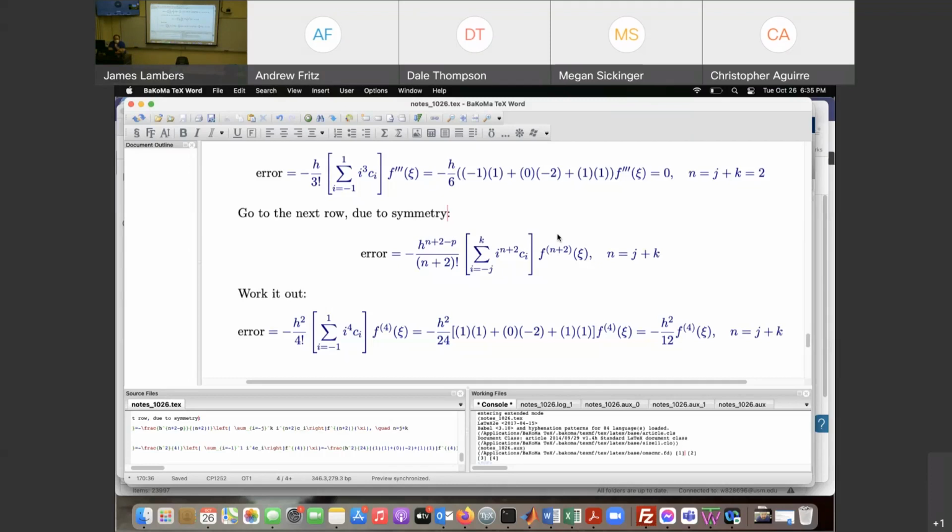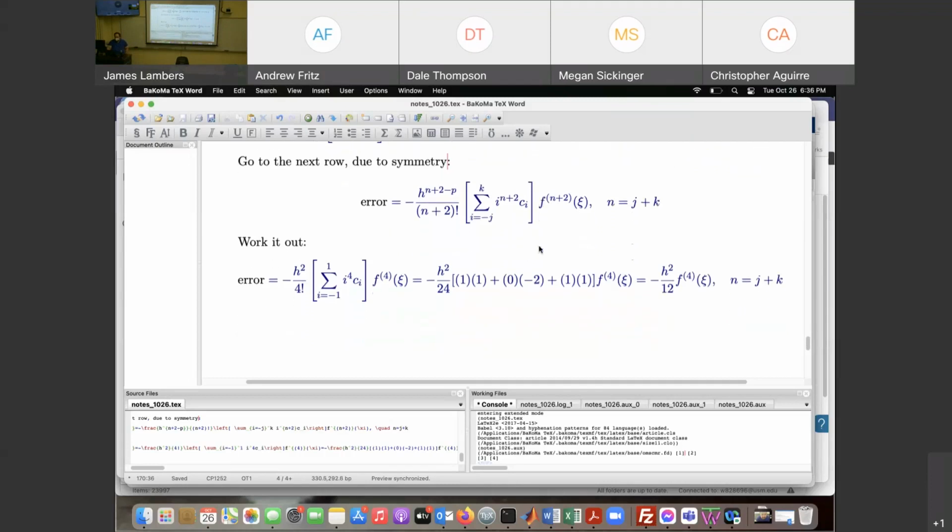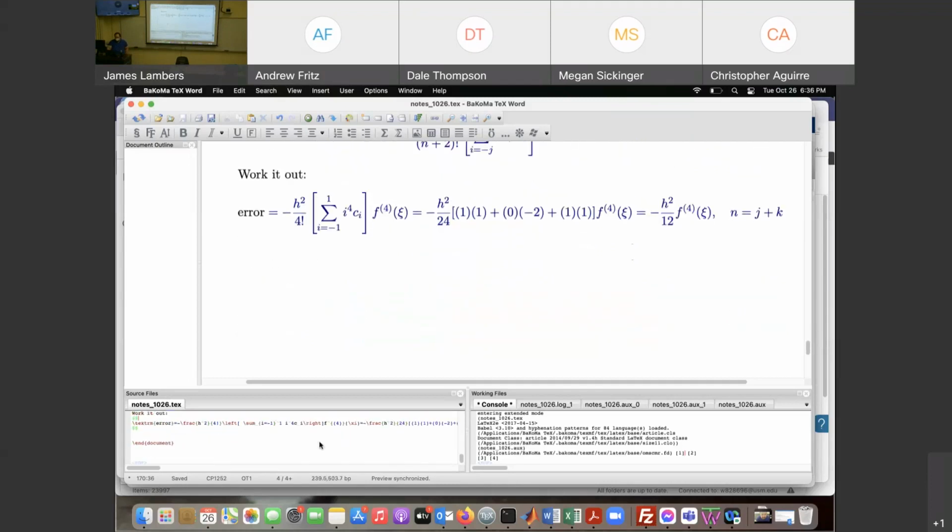Could we see an example just to see it in application? Oh, okay. Let's see. All right.